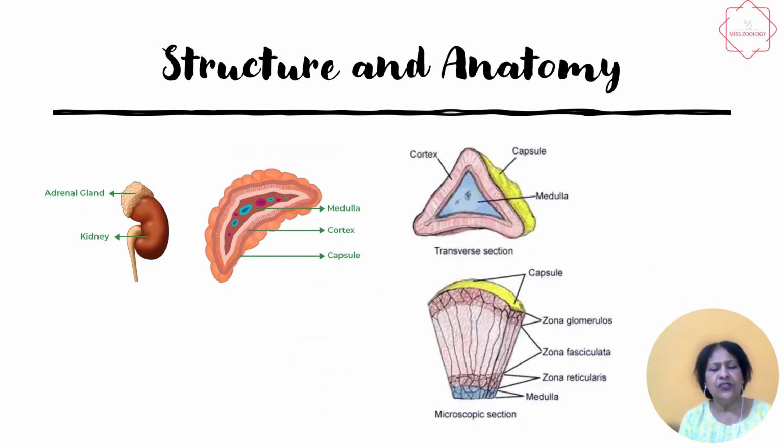Besides the morphological structure, in this image we can see the anatomical structure of the cortical region as well. The cortical region has three major subdivisions based on the kind of cells occupying the position.